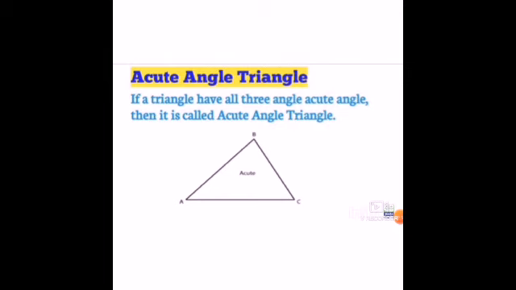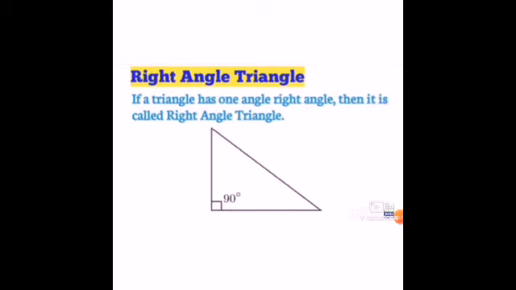Next one is right angle triangle. If a triangle has one angle a right angle, you can see it is 90 degrees, then it is called a right angle triangle.